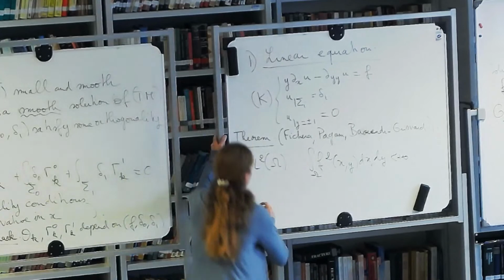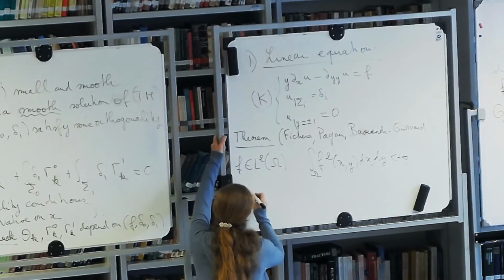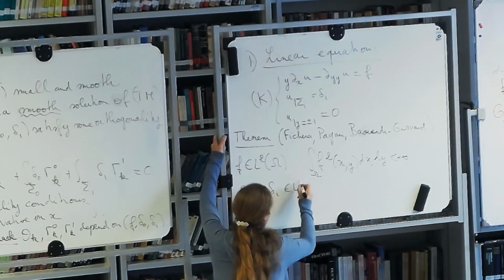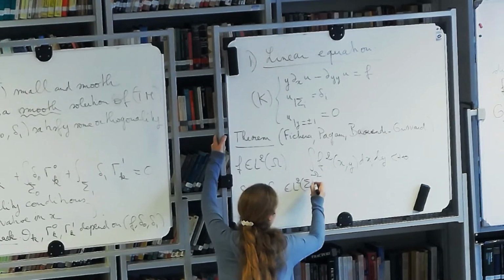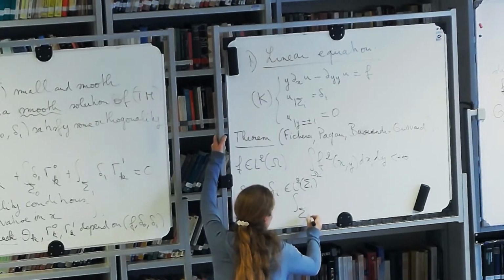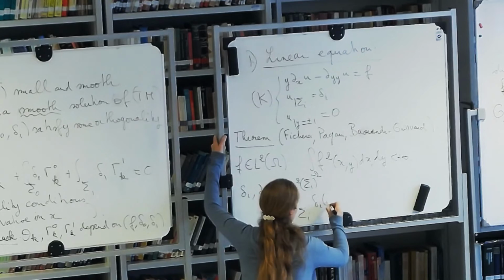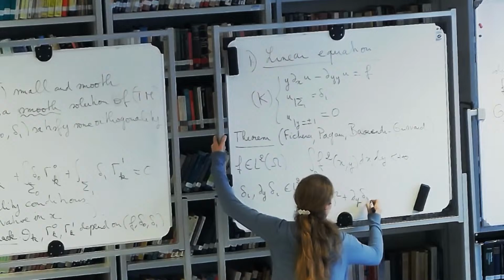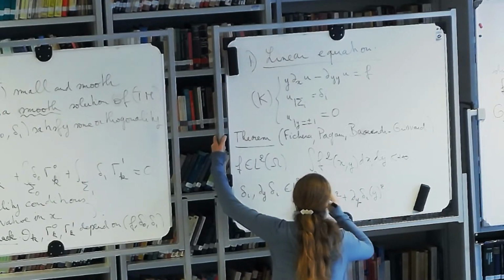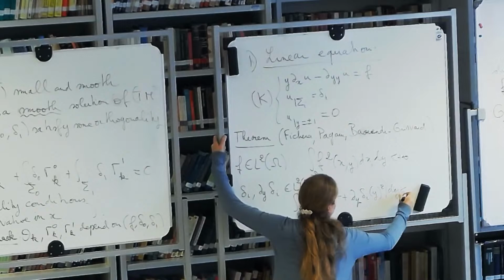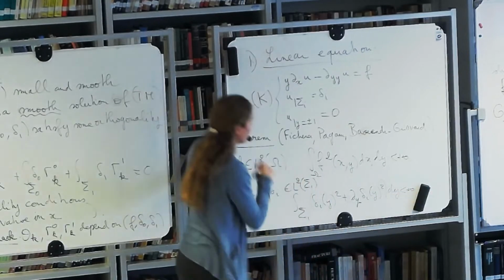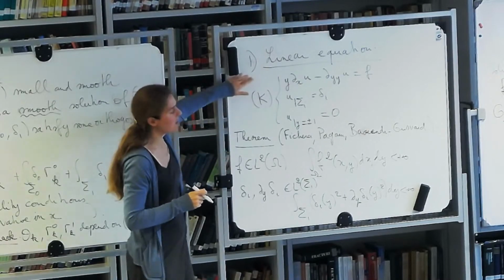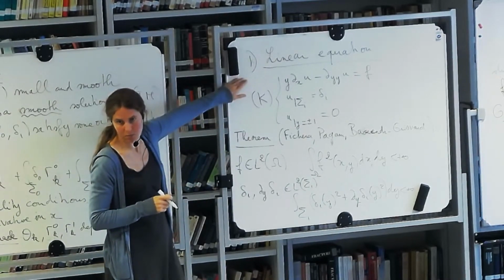Okay, and similarly, I assume that delta i and their y derivative belong to L2 of sigma i, which means that the integral over sigma i of delta i of y squared plus its first derivative squared dy is finite. Okay, so those are the only assumptions on my data. And in that case, you can prove that there exists a unique solution of this equation.